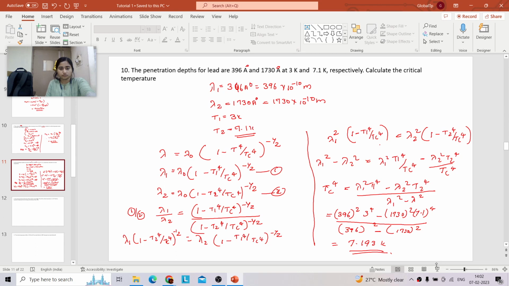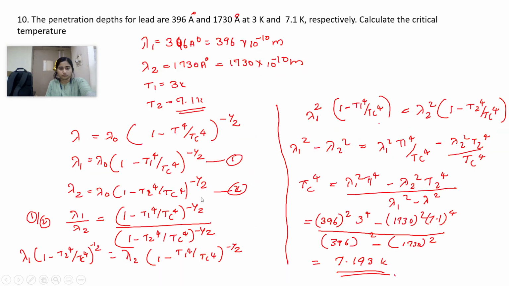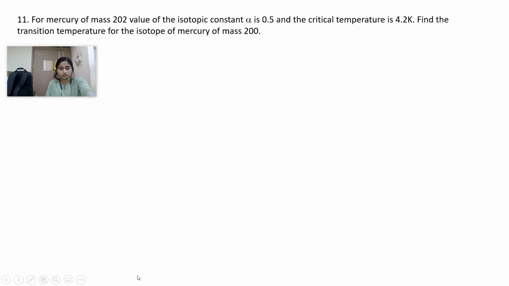Okay, now we will go to the next problem. For mercury of mass 202, the value of isotopic constant alpha is 0.5 and the critical temperature is 4.2 Kelvin. Find the transition temperature for the isotope of mercury of mass 200.